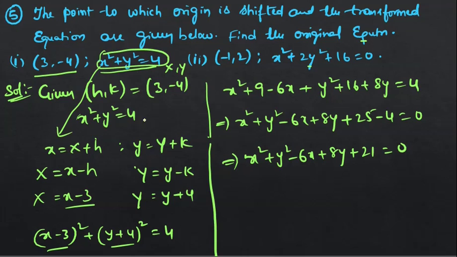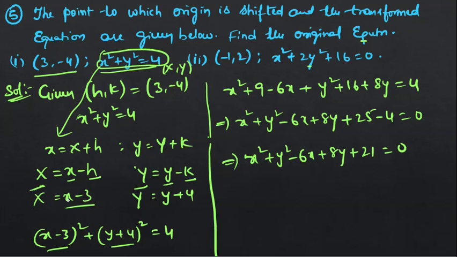So what is the capital X formula? Capital X is nothing but small x minus h, and capital Y is nothing but small y minus k. Whichever format the equation is given in, find those values only. Obviously this is a transformed equation, so it is formed with the help of capital X and capital Y only, right? Therefore find the values of capital X and capital Y and substitute them in the given equation.